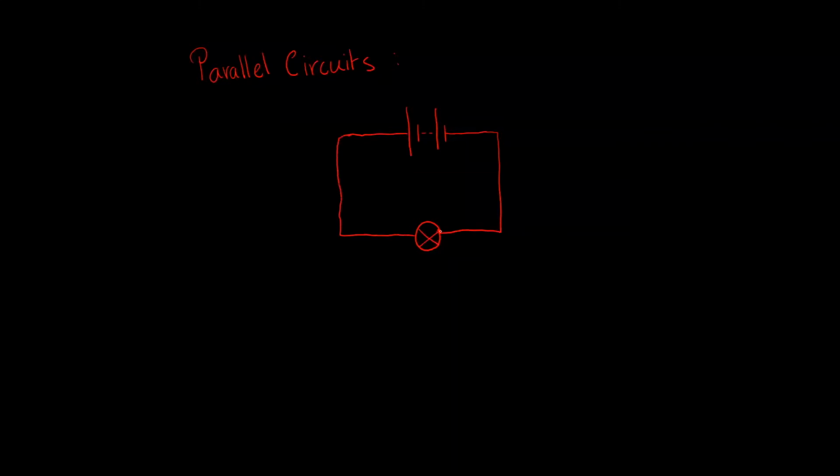It doesn't really matter what component you put, I'm starting with the bulb, we'll use other components at some point. So 2 bulbs in parallel. Parallel means there's 2 or more loops.